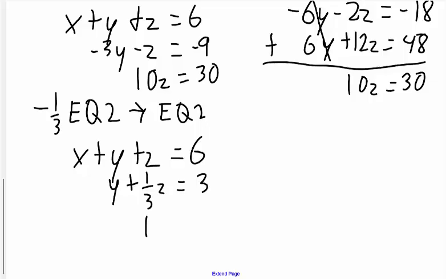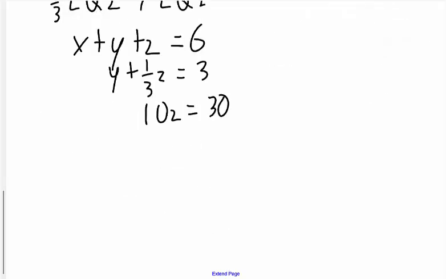And then we have 10z equals 30. All right, last step before back substitution. We now multiply equation 3 by 1/10. So we say 1/10 of equation 3, and we replace equation 3.